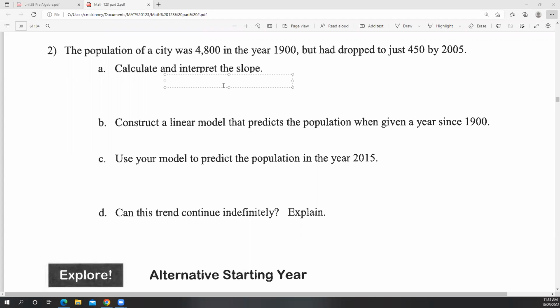Because this dropped, we should come up with a negative number. So our 450 in 2005, subtract 4,800, would be on the top. And then on the bottom of that, we've got our 2005, subtract 1,900.